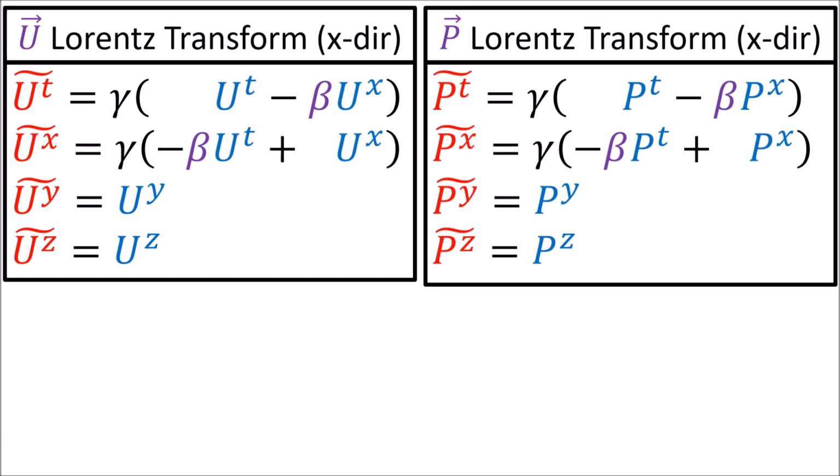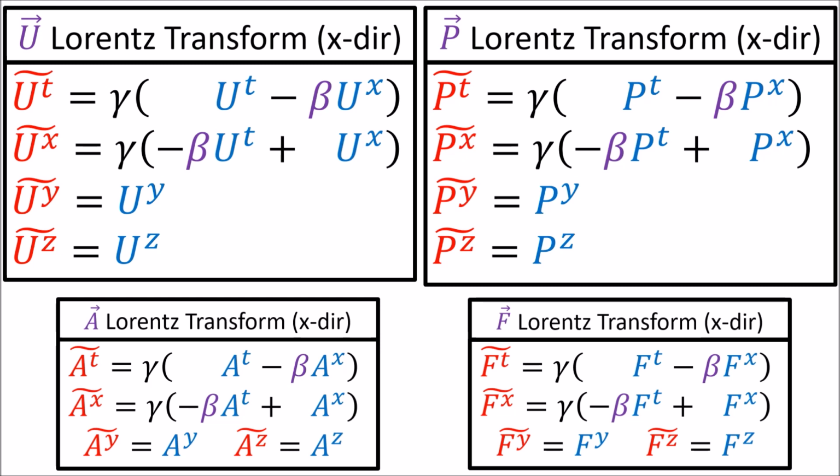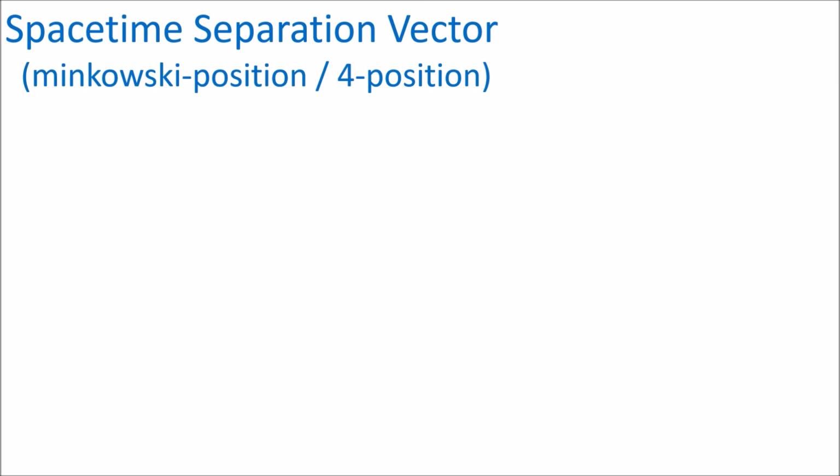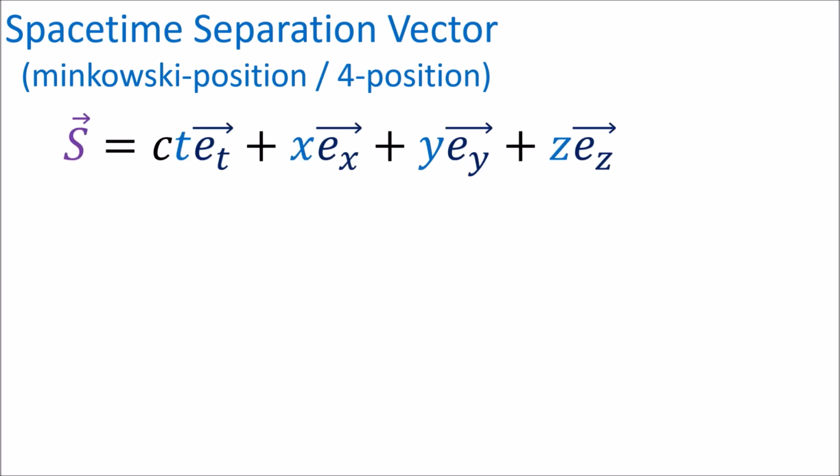In this video, we'll see that this is also true for any 4 vector, including 4 velocity, 4 momentum, and others. We can write the same geometrical vector with different components in different reference frames, and change between the components using Lorentz transformations.